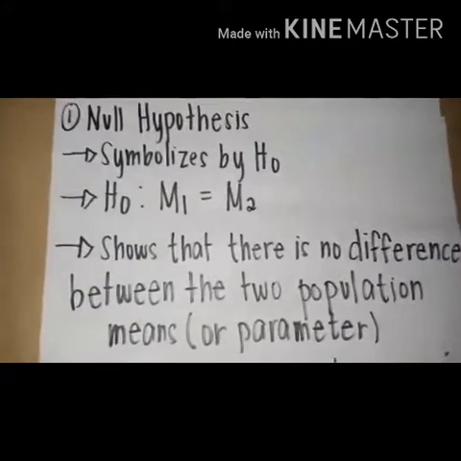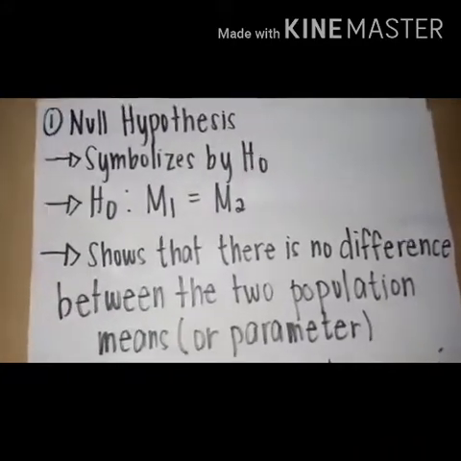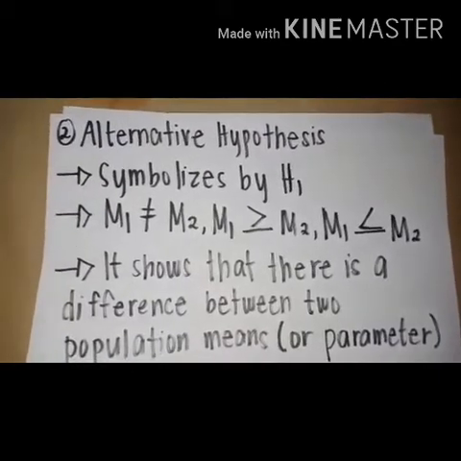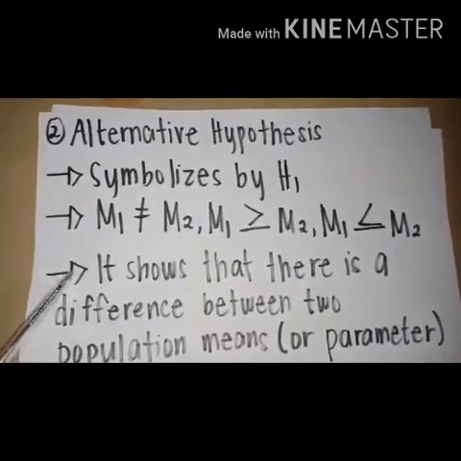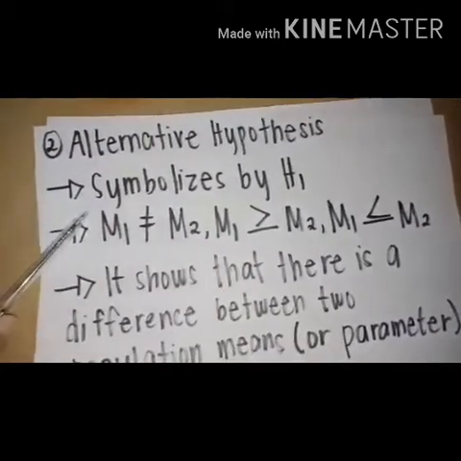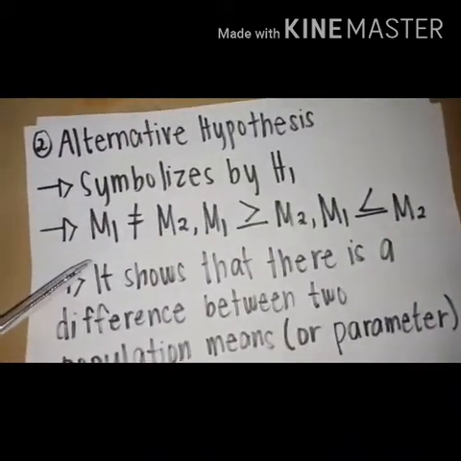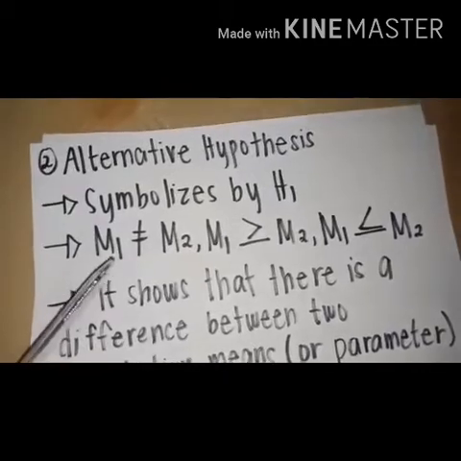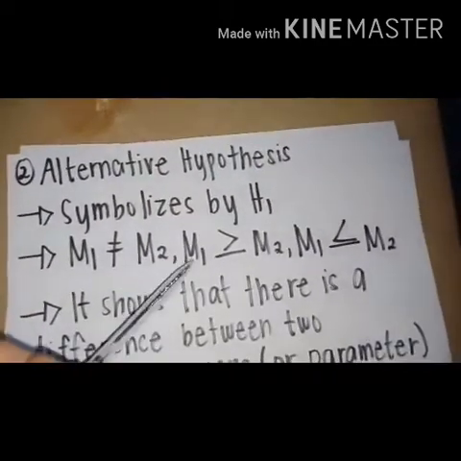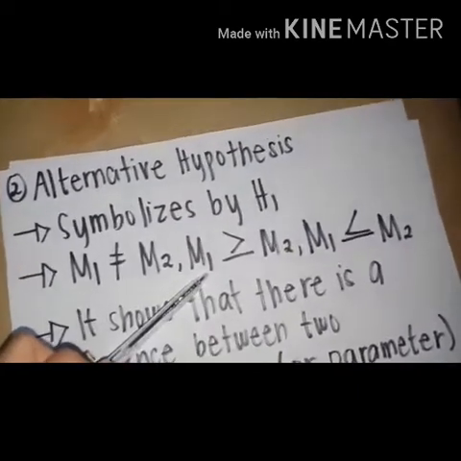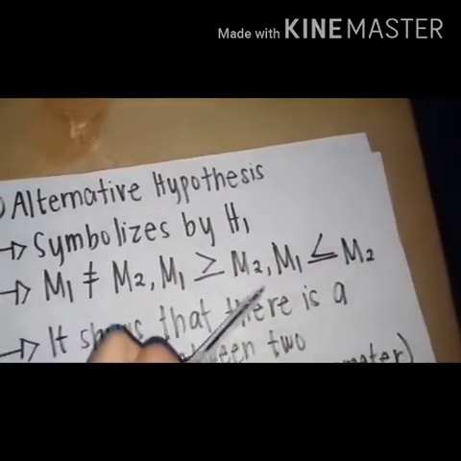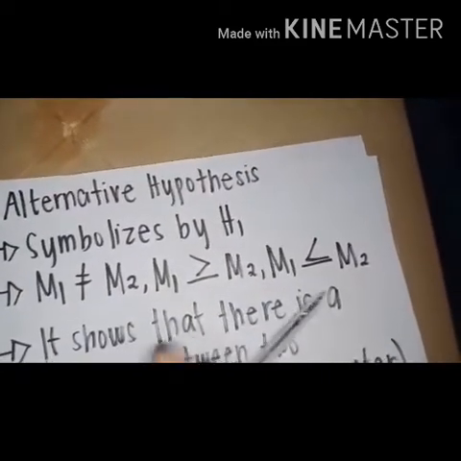So paano naman if na-reject yung null hypothesis? Mapupunta siya sa alternative hypothesis. So, ang alternative hypothesis, it symbolizes naman by H sub 1. It means mu sub 1 is not equal to mu sub 2, or mu sub 1 is greater than or equal to mu sub 2, or mu sub 1 is less than or equal to mu sub 2.